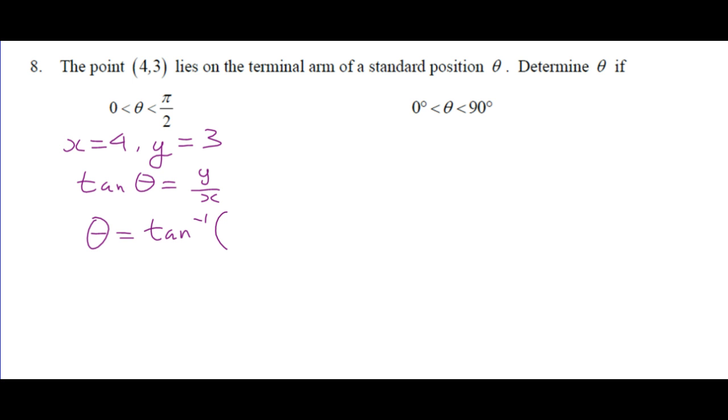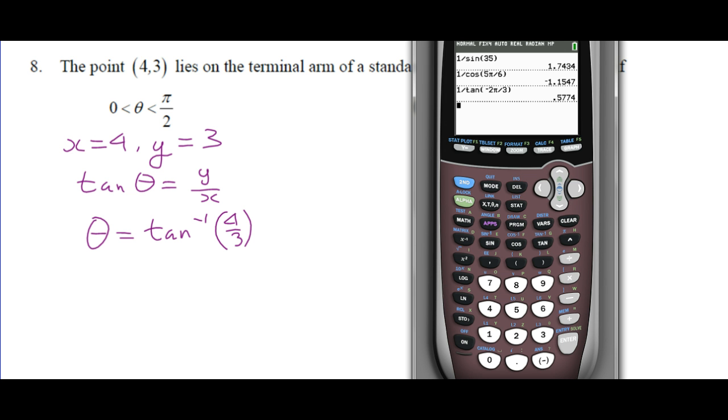So you say, give me the angle whose ratio is 4 over 3. What units do we have to be in? Radians. Okay, good. So second tan inverse of 4 divided by 3, and that angle is 0.9273.